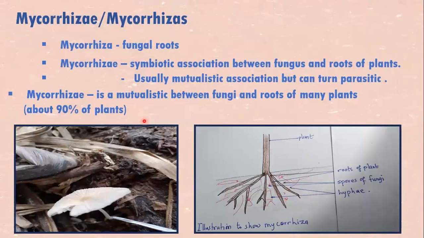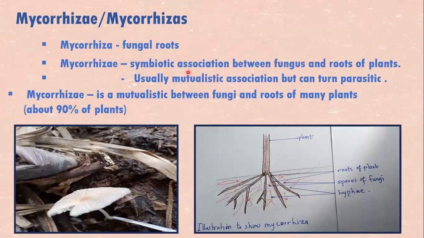Well, now let's look at another type of roots called mycorrhiza. Mycorrhiza, as we have the definition here, means fungal roots. Mycorrhizae means symbiotic association between fungus and the roots of plants.